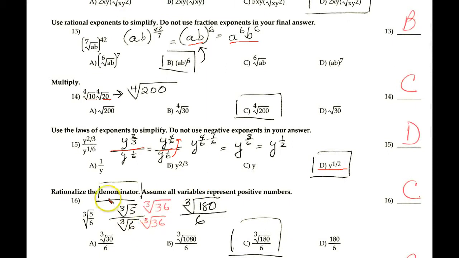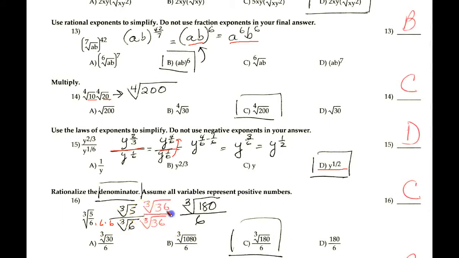Now here we're asked to rationalize the denominator. So we can look at our 6 here, and we want to get 2 more 6's here, so it becomes a perfect cube. Well, 6 times 6 is 36.